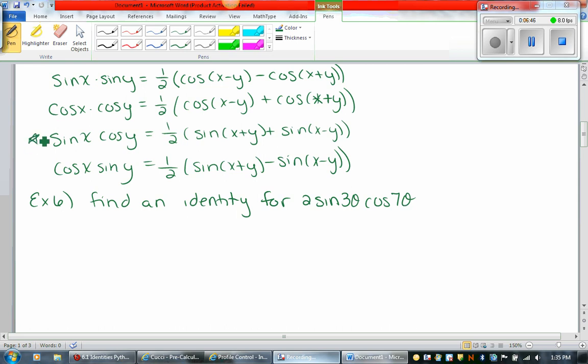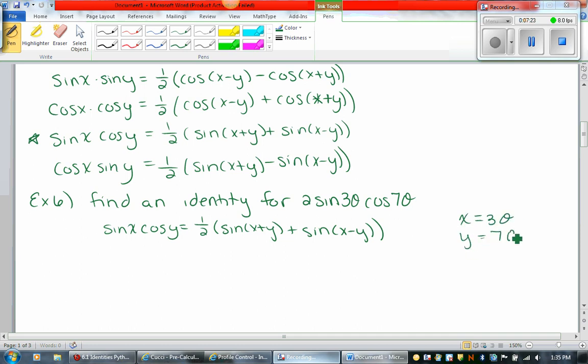So we're going to take that identity and utilize it. So here's our identity. Okay, so in this case, x is 3 theta and y is 7 theta.